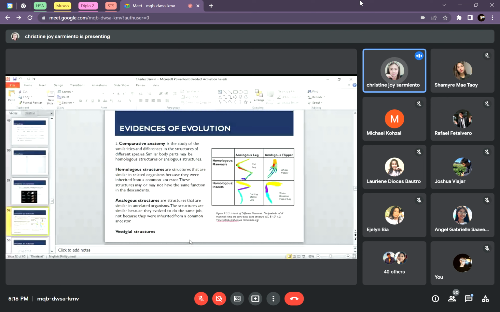So, by comparing all these body parts, all these morphological structures of organisms, you can tell kung itong mga organisms na to, they evolved from a common ancestor. Next is embryology, the study of the similarities and differences in the embryos of different species.